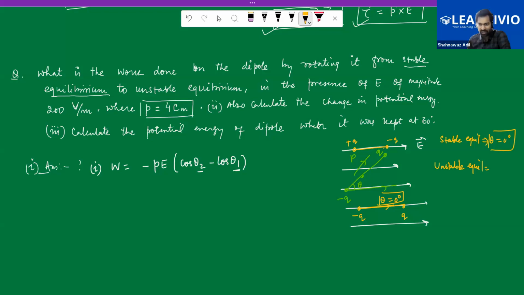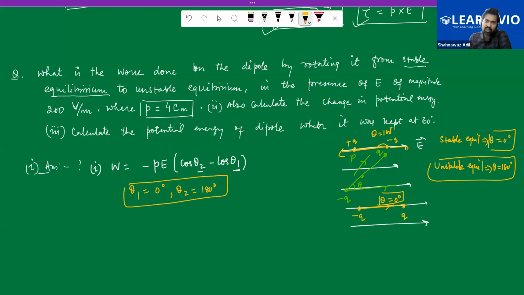So then your angle becomes 180 degrees. This is an electric field, so angle is 180. So theta 1 is stable equilibrium, 0 degree. Theta 2 is unstable equilibrium, which is 180 degree.